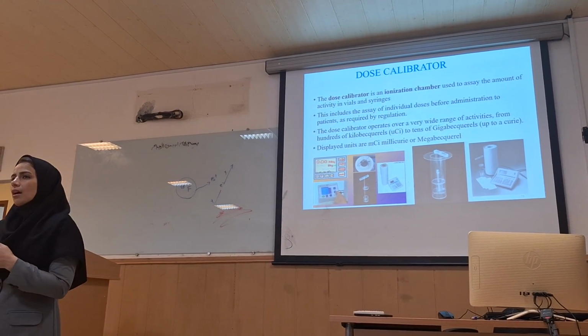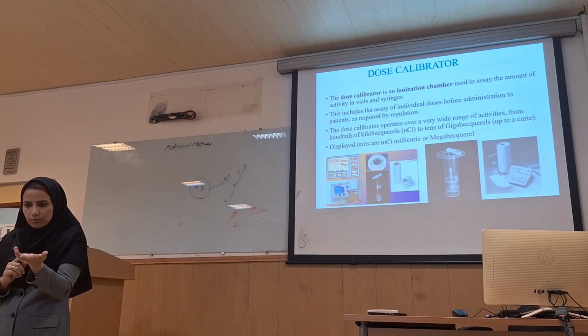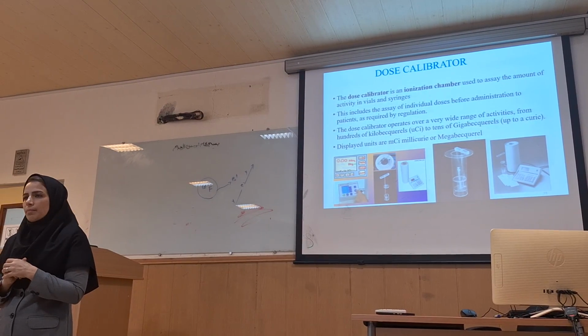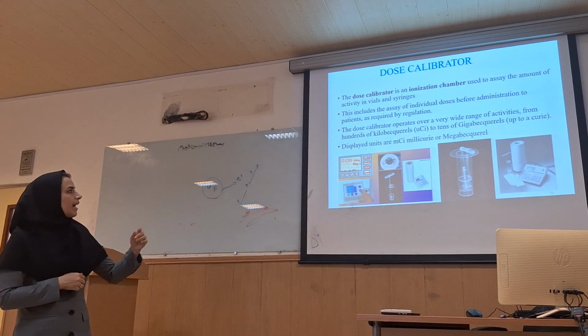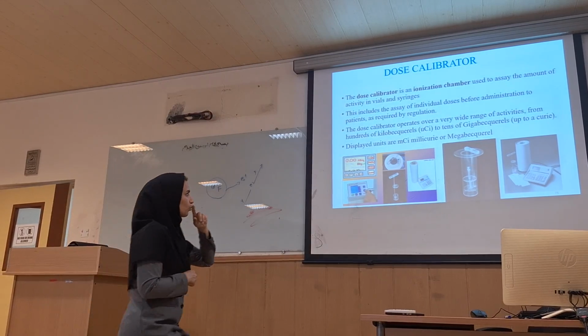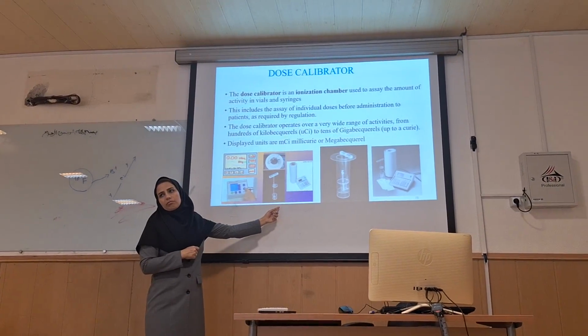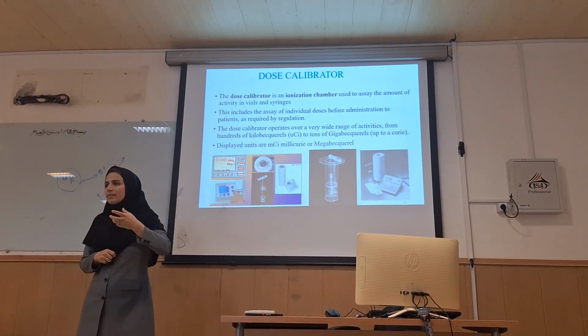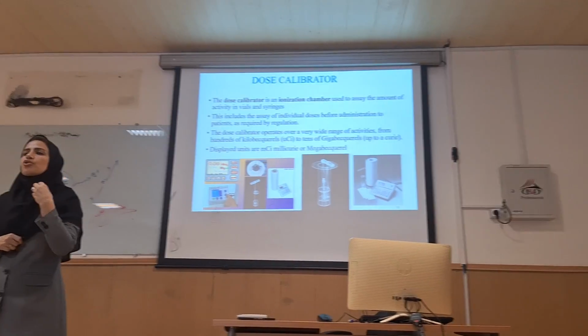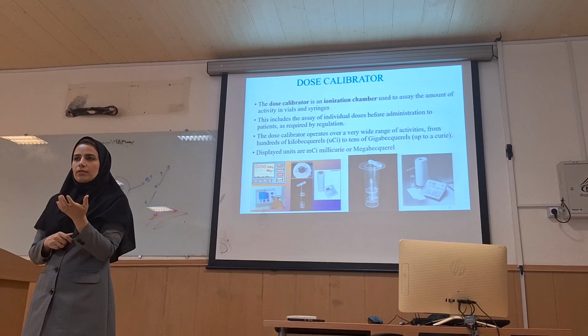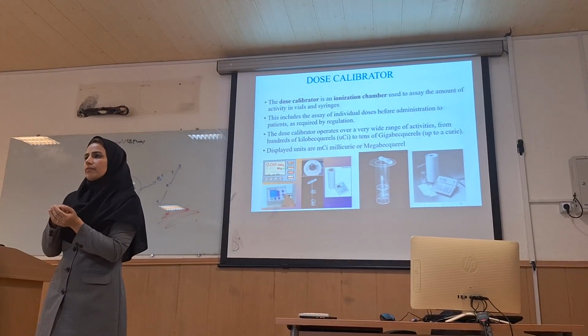How do I know how much radioactivity I want to inject into the patient? We have an instrument called the calibrator. This is the dosimeter that shows how much real radioactivity there is.